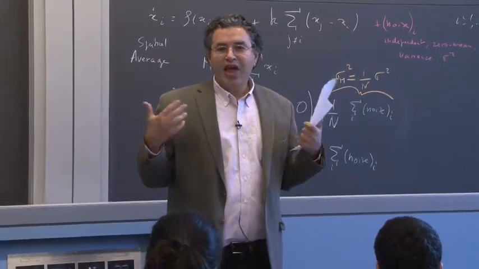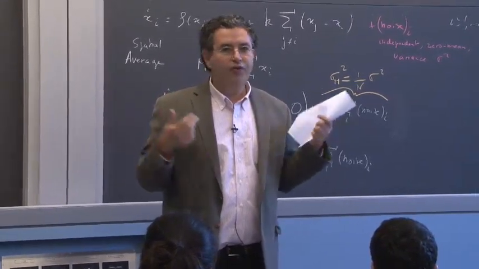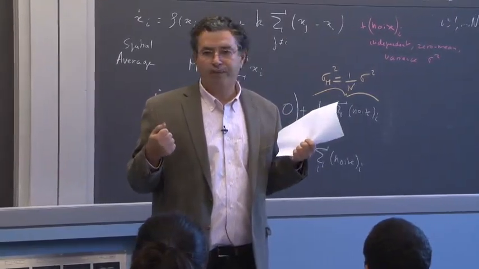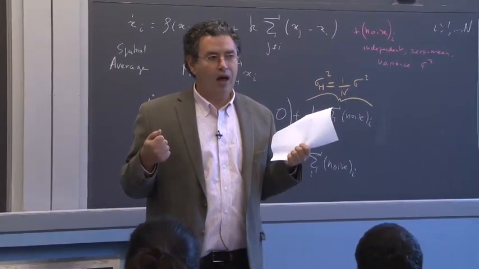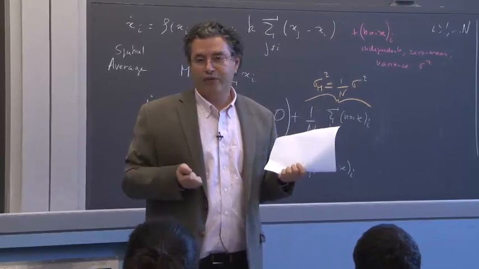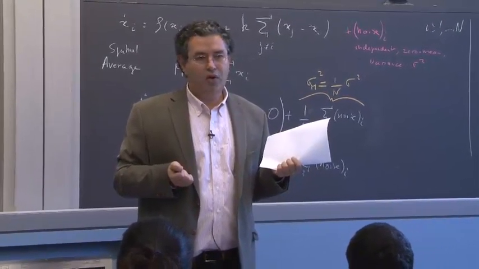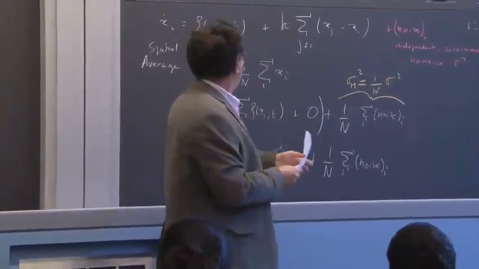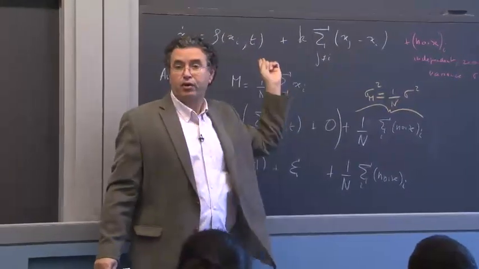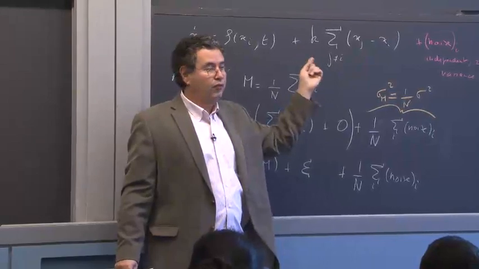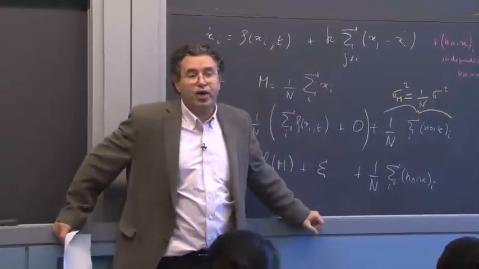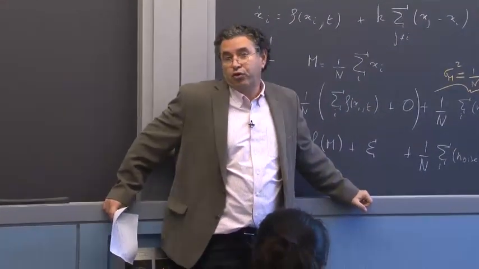Now, what is that a measure of? Not the measure of, but a measure of the curvature of f. Well, it's a measure of how nonlinear this dynamics is. If f was linear, what would be the curvature of f? 0.